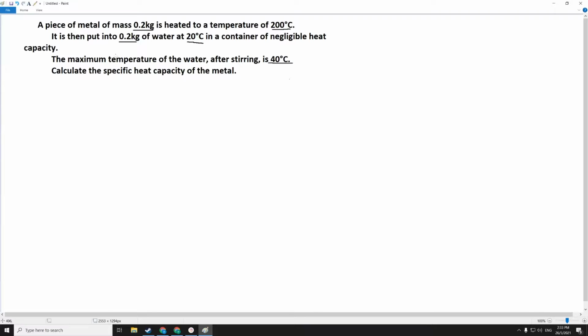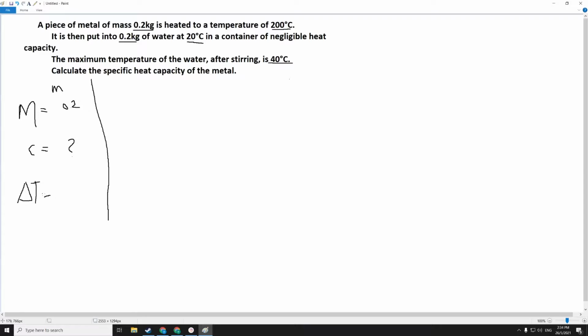Okay, so let's look at what we know. Let's first look at the metal. We know the mass, it's 0.2 kg. We want to find the specific heat capacity, so we don't know that. We already know the temperature change.